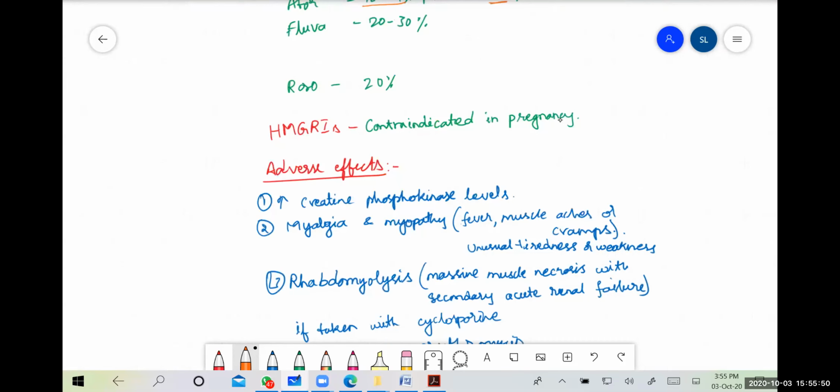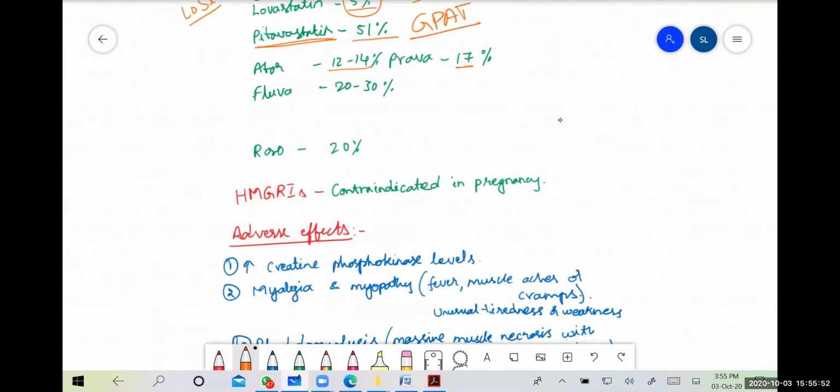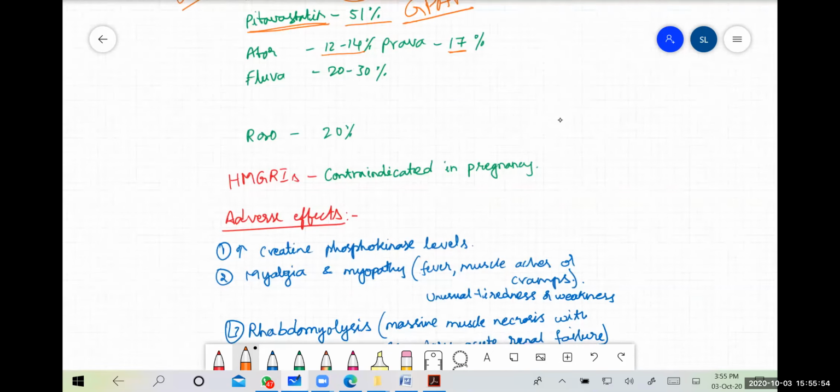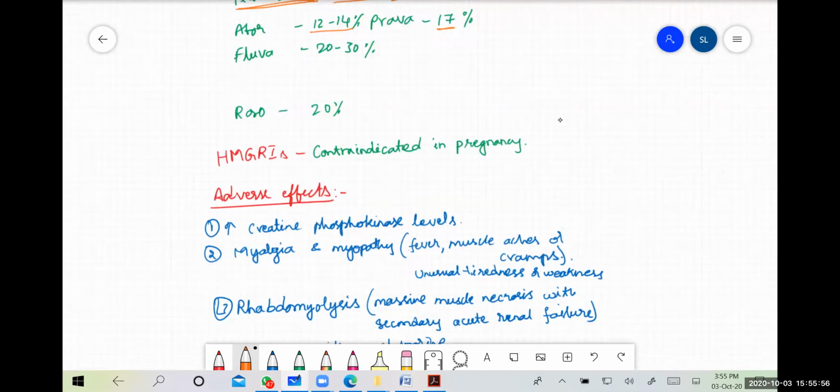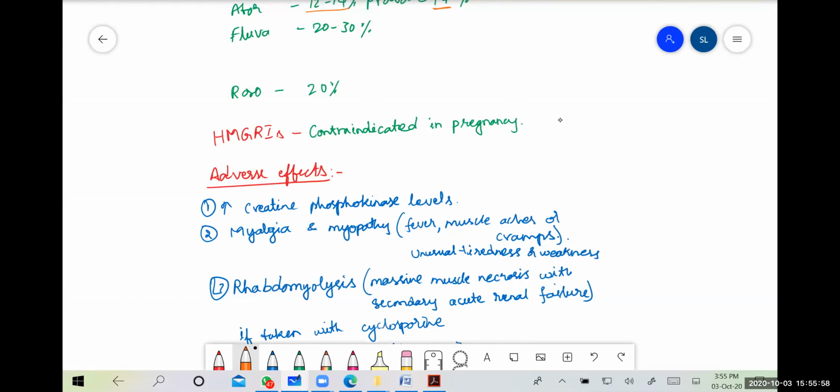The other thing is in case of pregnancy. These HMG-CoA reductase inhibitors are contraindicated in pregnancy. Why? What is the reason? Because cholesterol is an important component in the synthesis of cell membranes.